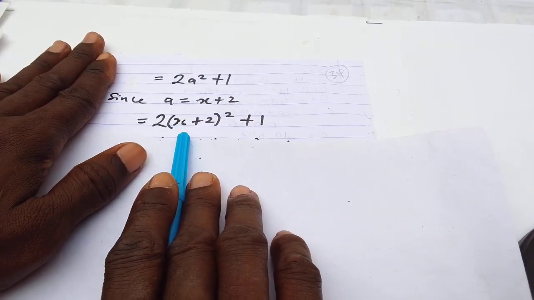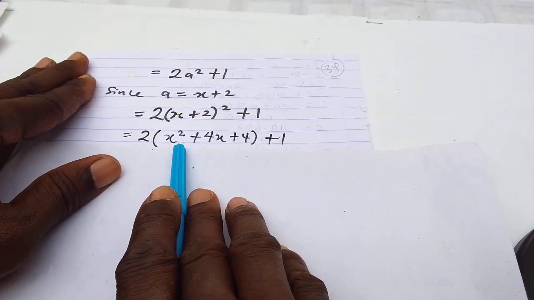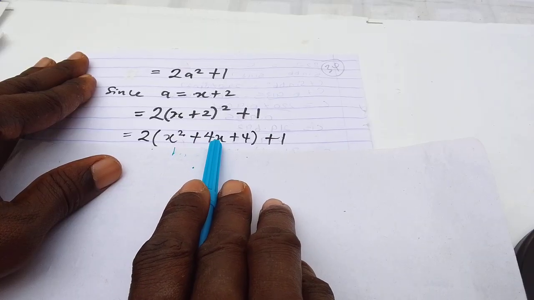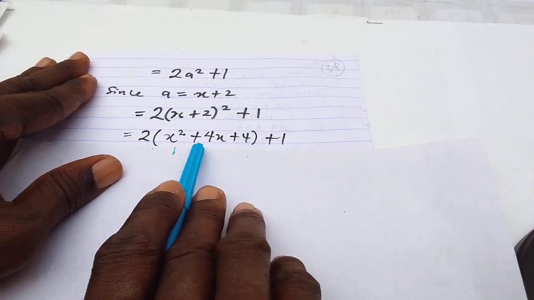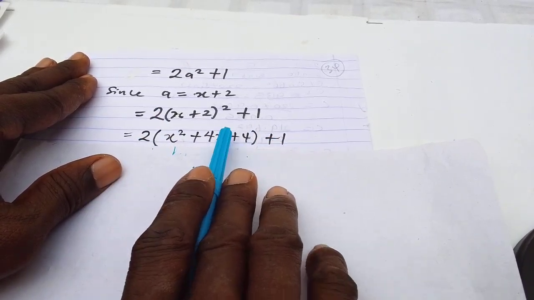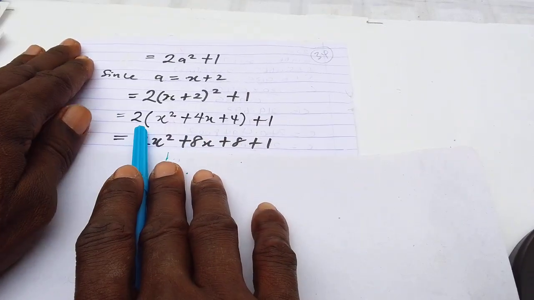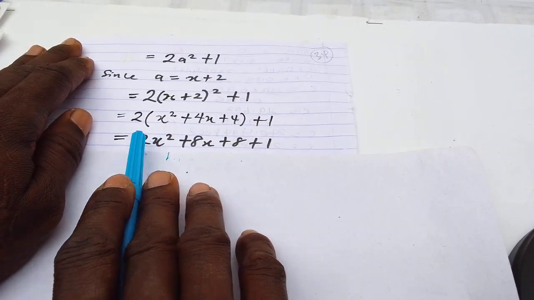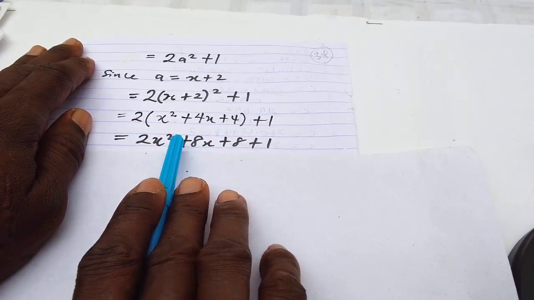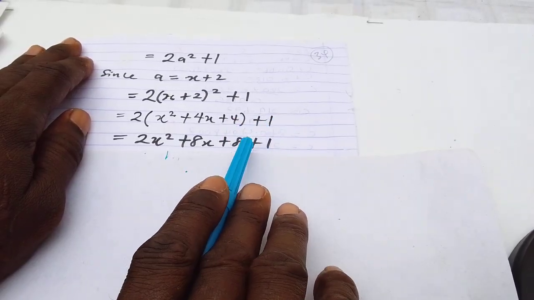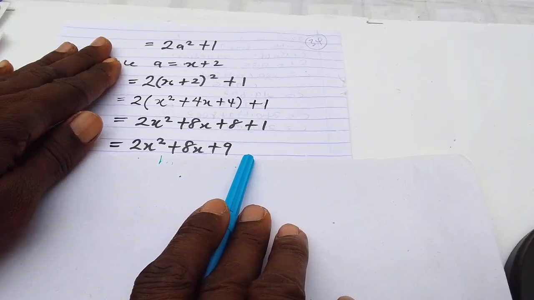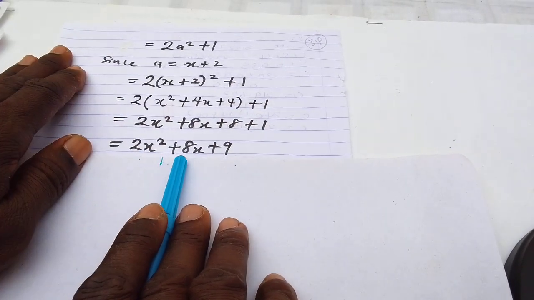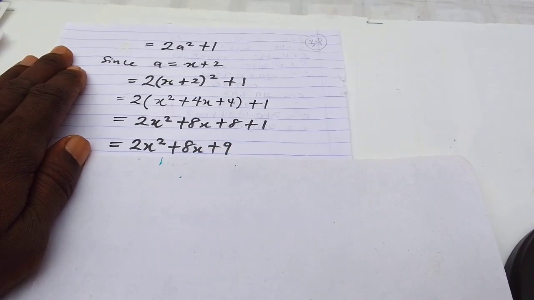So when you expand x plus 2, you are going to get x squared plus 4x plus 4, then times these 2, plus 1. Open the bracket here. You are having 2 times x squared, 2x squared, 2 times 4x is 8x, 2 times 4 is 8, then plus this one. So you simplify, you are having 2x squared plus 8x plus 9.